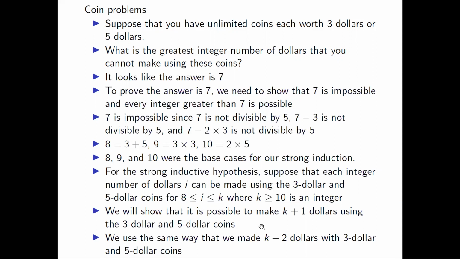This is because K is greater than or equal to 10, which means that K minus 2 is greater than or equal to 8. And so that's covered by our strong inductive hypothesis. So K minus $2 can be made with $3 and $5 coins, which means that K plus $1, we can make the same way that we make K minus 2, where we just add an extra $3 coin. We take whatever way we made K minus 2 with $3 and $5 coins, and we just add an extra $3 coin to get K plus 1. And that's because K minus 2 plus 3 equals K plus 1.